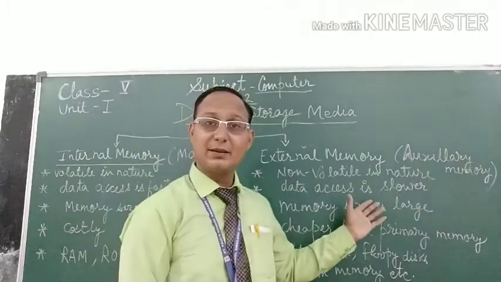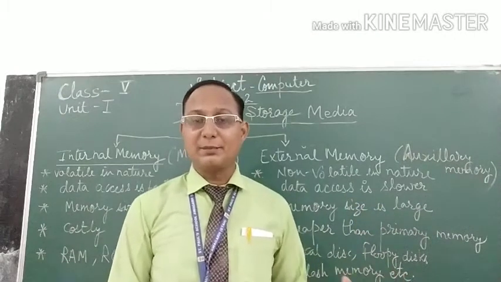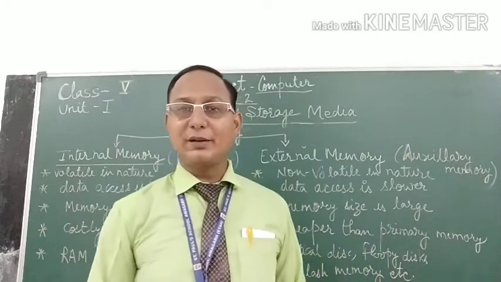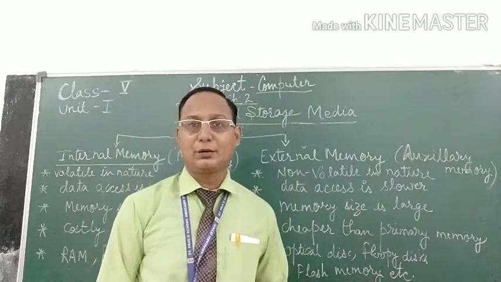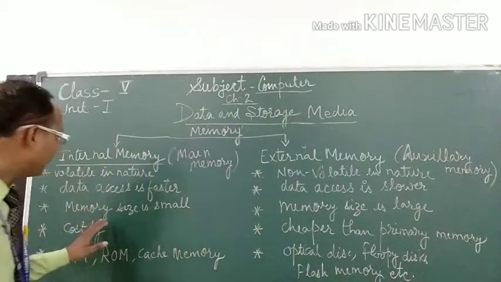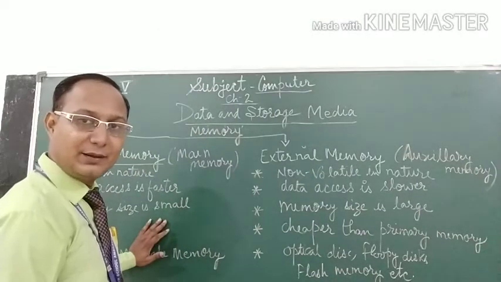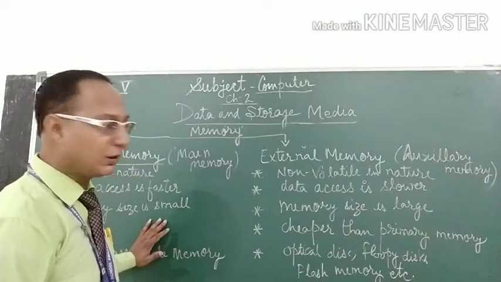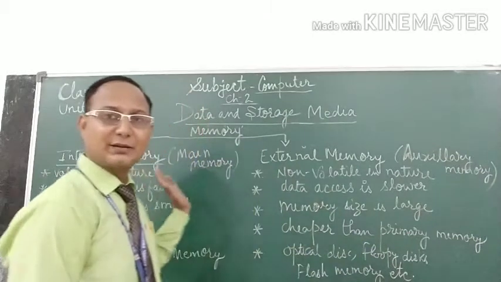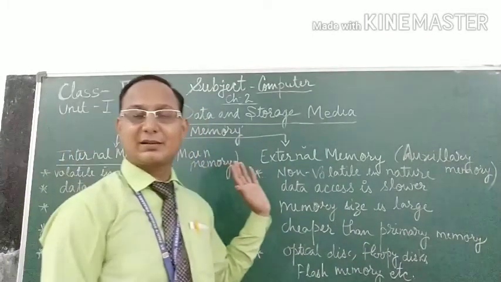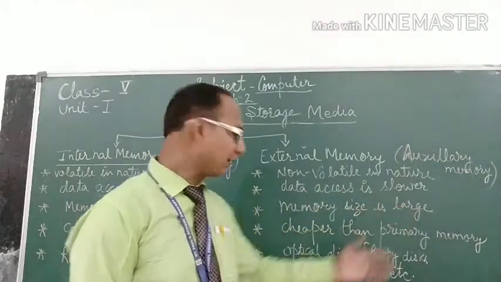But secondary memory is bigger, the memory size is big and the data is more, so it will process slower. Memory size is small in primary memory, and large in secondary memory. So if the size is small, it will access faster, and if the size is large, the data access is slower.